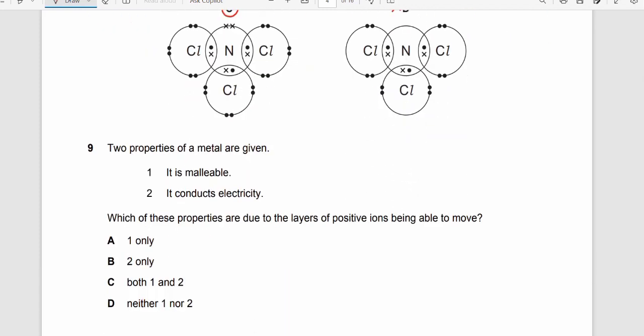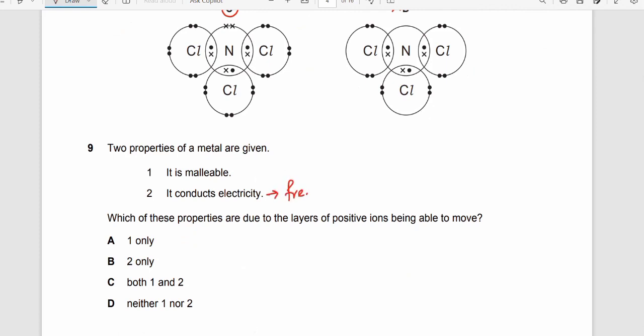Two properties of metals are given. It is malleable. Malleable means it can be converted into sheets. It conducts electricity, of course, because it has free electrons. Which of these properties are due to the layers of positive ions being able to move? The conductivity is because of the free electrons.